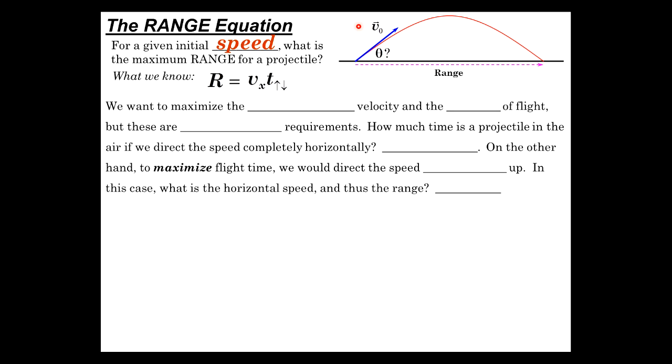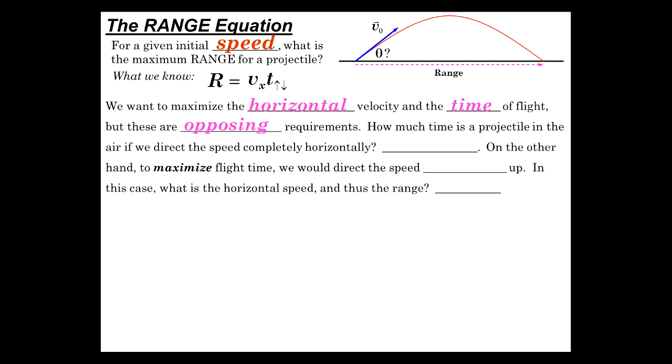However, the vertical part gives you more time of flight. So the problem is this. We want to maximize the horizontal velocity, and you want to maximize the time of flight. But to maximize the horizontal velocity, you have to point it horizontally. To maximize the time of flight, you project it vertically.